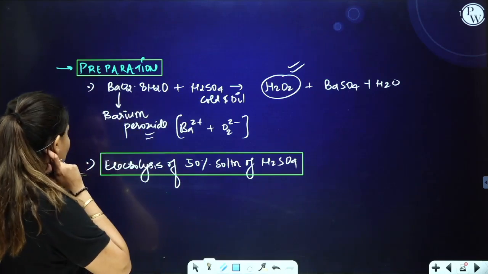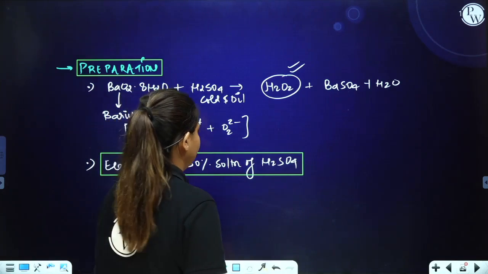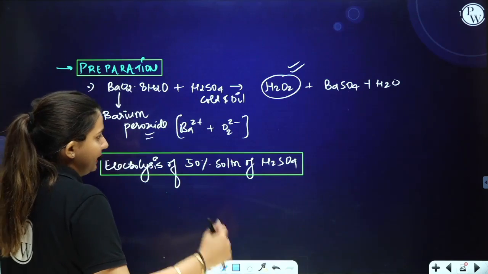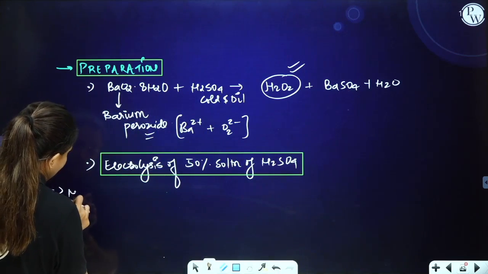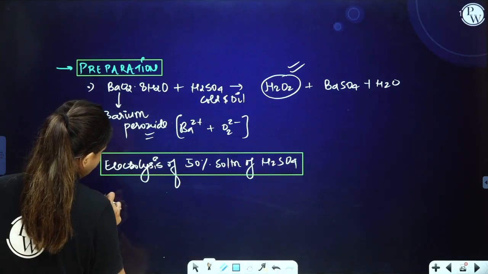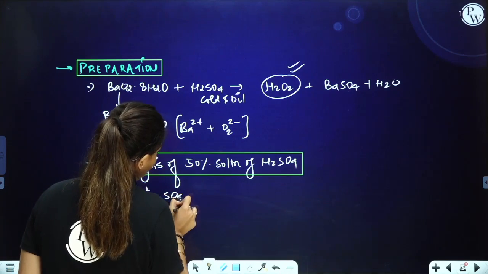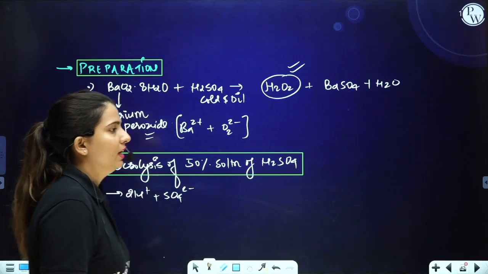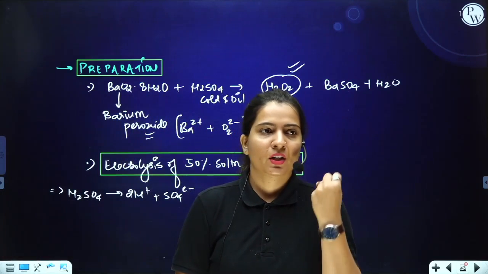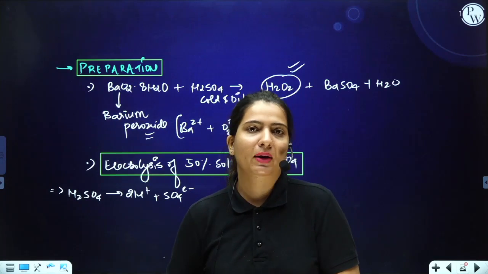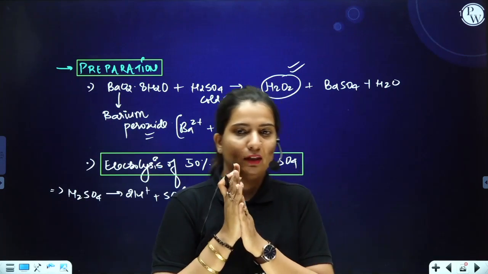Now what is going to happen over here? Understand that whenever we have H2SO4, it breaks to give you 2H positive plus SO4 2 negative. You have electrodes, you have a solution dissolved, you have an electrolyte H2SO4. Whenever you pass electricity, you switch on your battery, the electrolyte dissociates into H positive ions and sulfate ions.